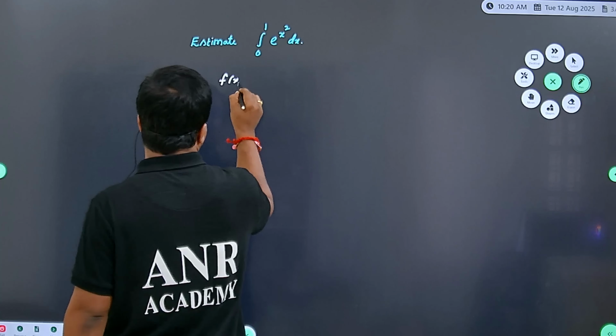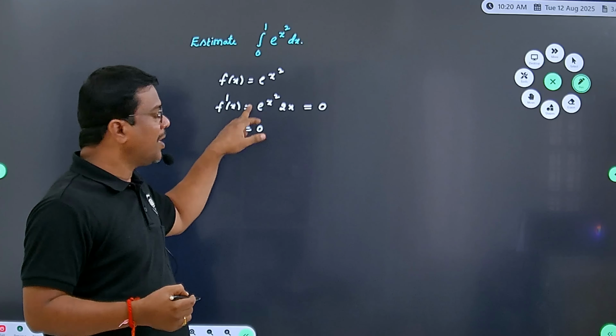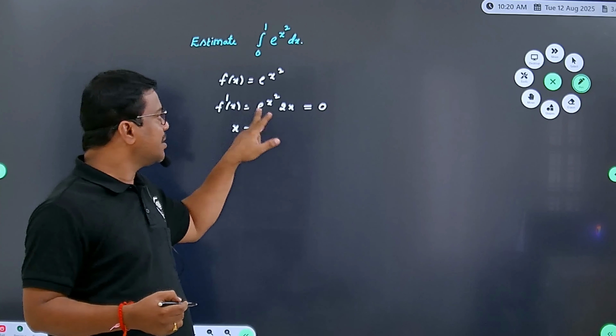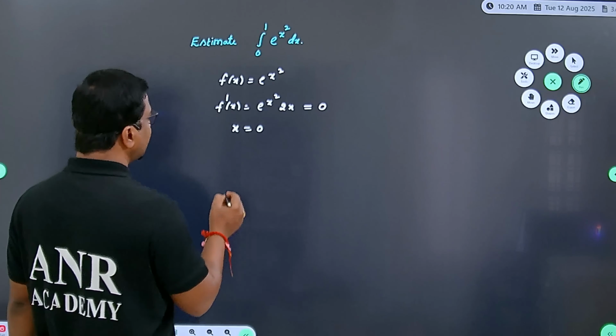Then what happens? We get e power x square, which is always positive, non-zero and non-negative. So there is a chance to get just x equal to 0. It has a stationary point at x equal to 0, and also it is given that it is defined only in the boundary 0 to 1. So next the limit you have to select is 1.